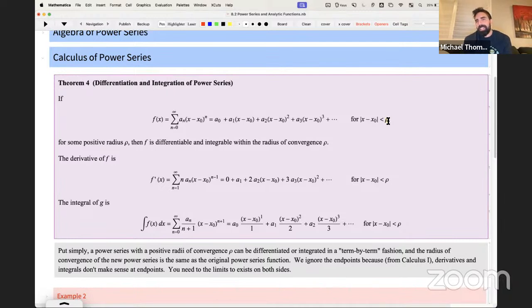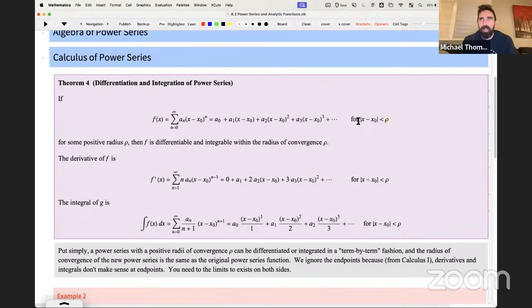By the way, you need this in order to talk about differentiability. Let's say this converged just at the center. You can't really talk about differentiability, because you need an open interval. You have to take a limit on both sides. If it's just a point, you can't differentiate.